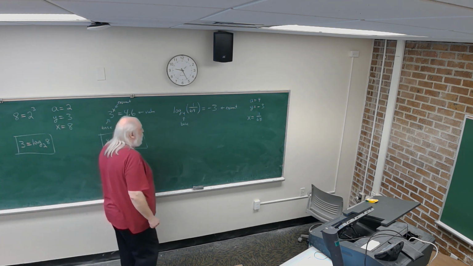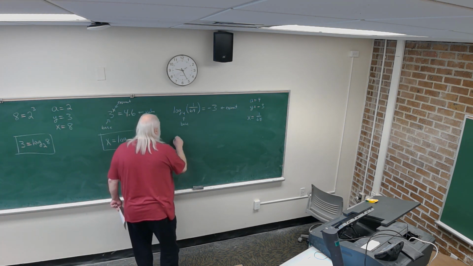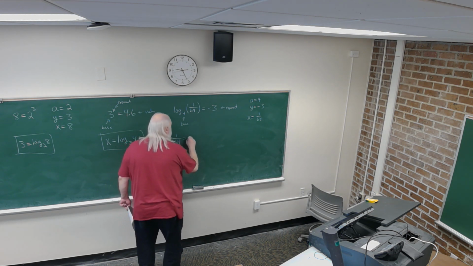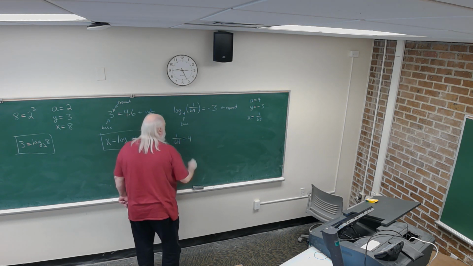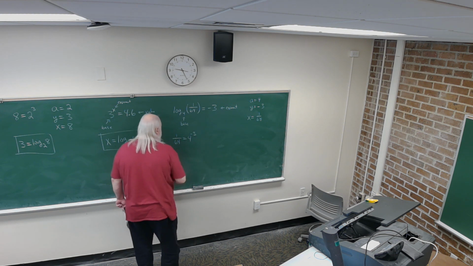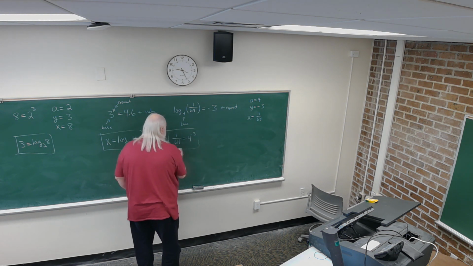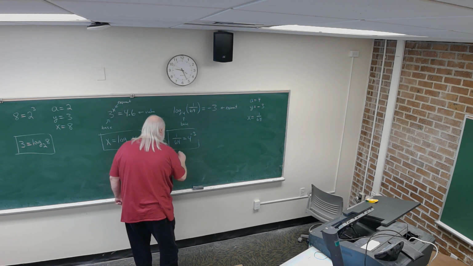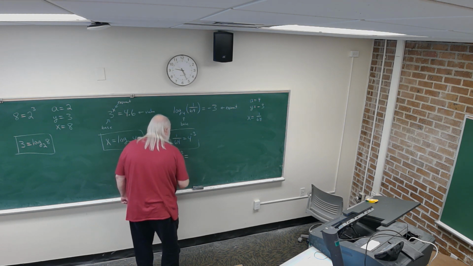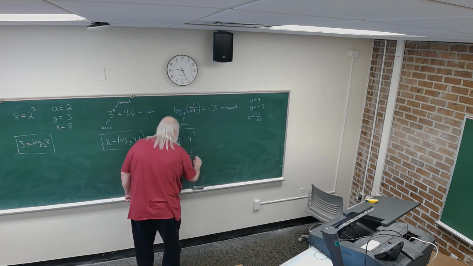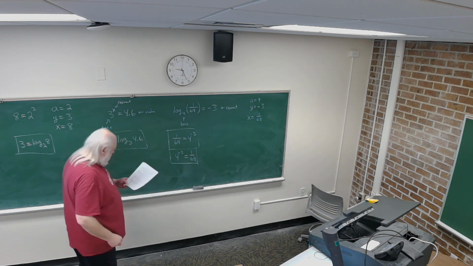In our exponential, we have 1/64 is equal to a, which is 4, raised to the y power, minus 3. Now you can reverse the two sides and write 4 to the minus 3 is equal to 1/64. You can switch the two sides.